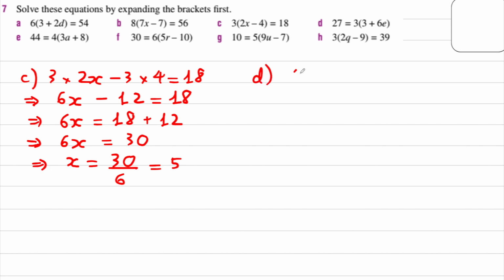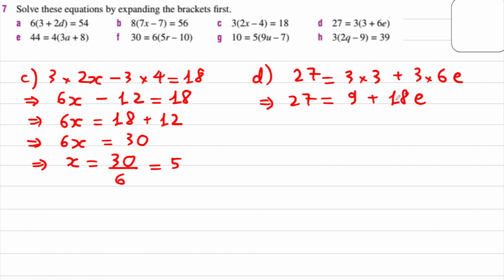About D, 27, 3 times 3 plus 3 times 6e. And 27, 9 plus 18e. 27 minus 9 equal to 18e.